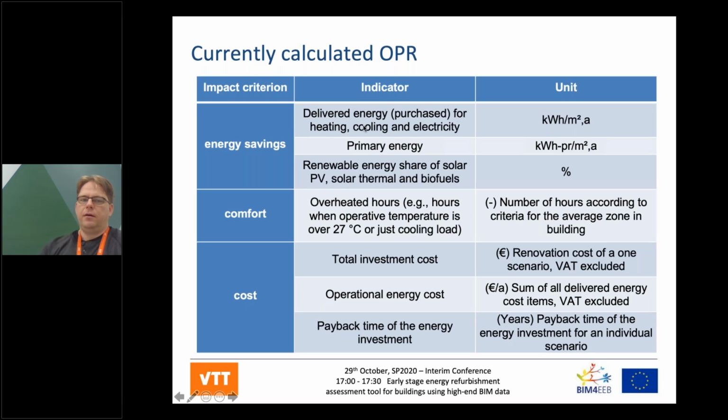So there is delivered energy, primary energy, and share of renewable energy as separate indicators, and then these overheated hours, investment costs, operational energy cost, and payback time. And then the owner can value these as he or she wants. Some weighting factors can be put to those and then selected which scenario was the best one.